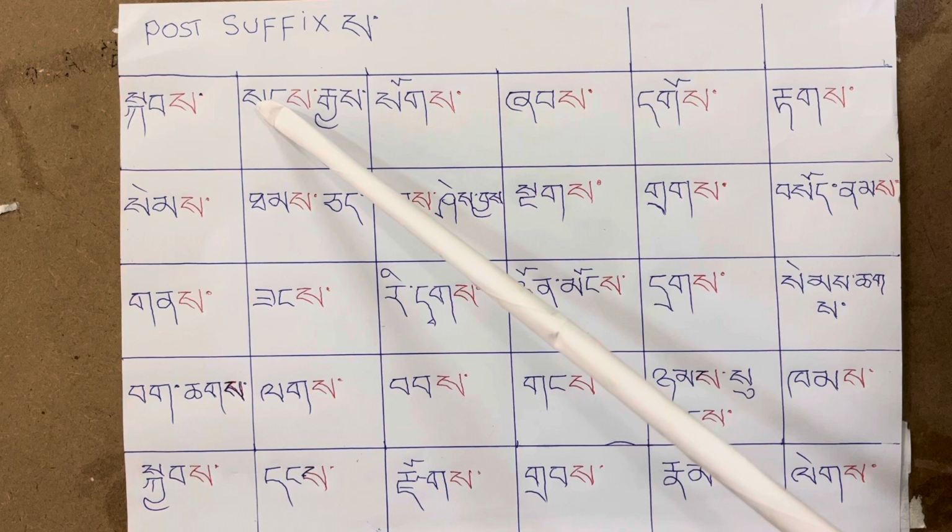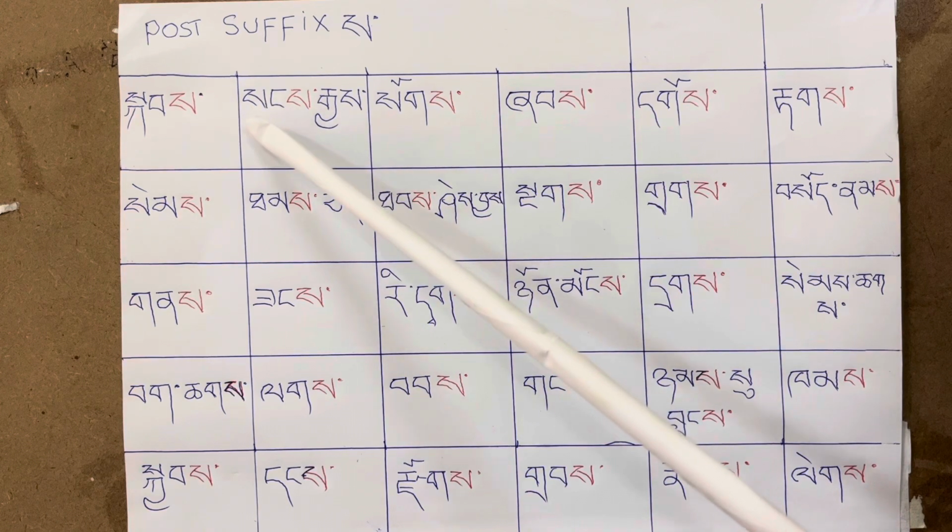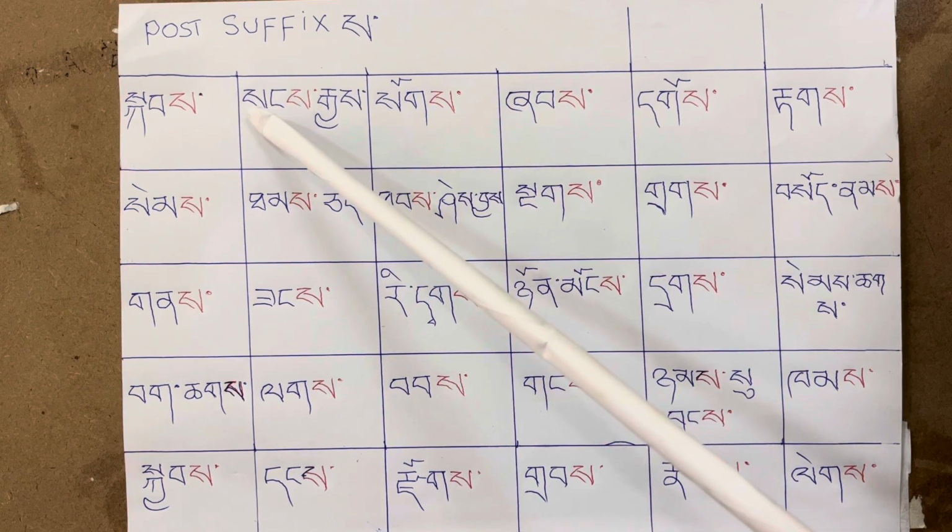But do you remember the 5 prefixes? Ga, da, ba, ma, ha. So sa is not one of them, right? So now we know that this is the root letter.